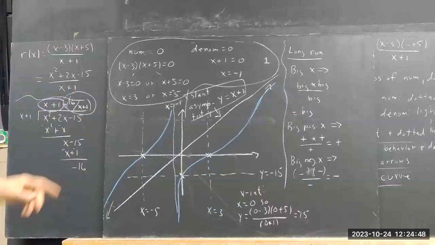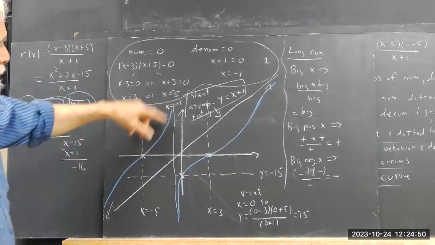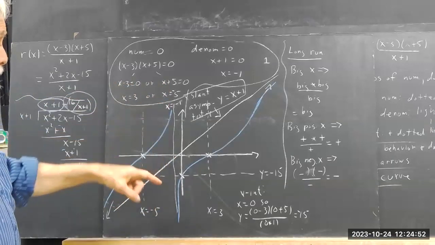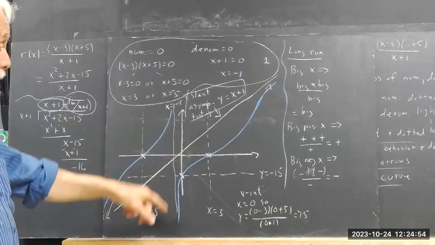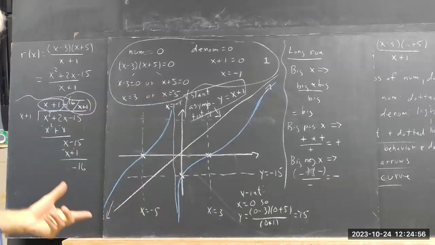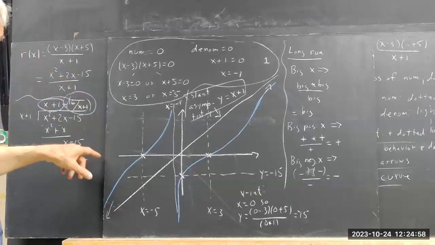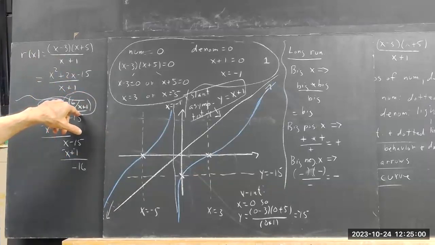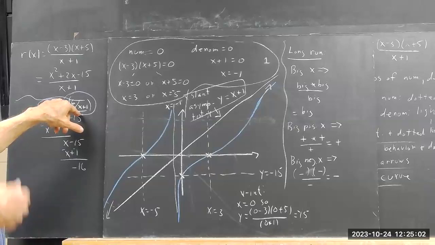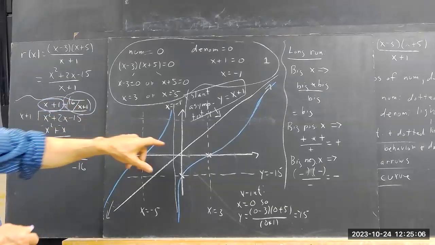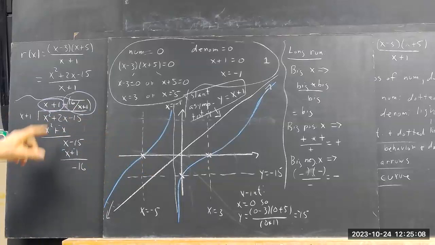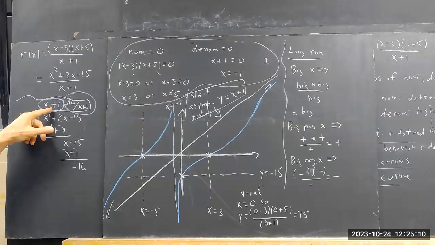Now, the minus 16 over x plus 1 tells you that you really ought to have a vertical asymptote at x equals -1, because this is just the reciprocal function shifted, well, vertically stretched and reflected, and then shifted one unit to the left. So there's that. But this x plus 1, and we've got too many x plus 1s in here.